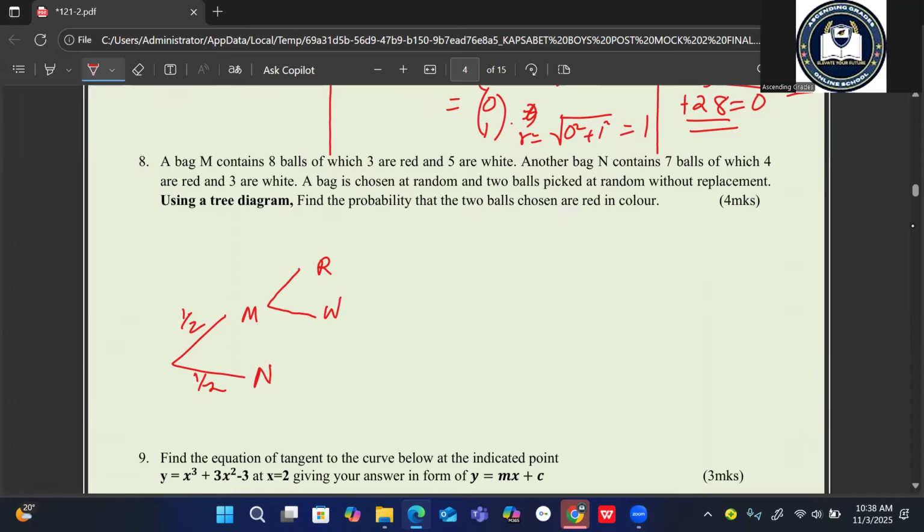So the red ones are 3 out of 8, then the white ones are 5 out of 8. The other bag N contains 7 balls, of which 4 are red. So we have red there, white there. 4 of them are red and all of them are 7, so it is 4 out of 7.